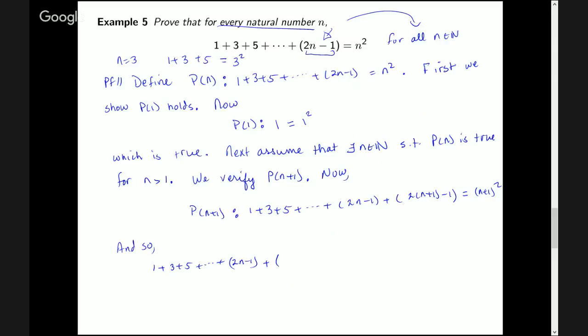What would that be? Arithmetic. What is 2(n plus 1) minus 1?